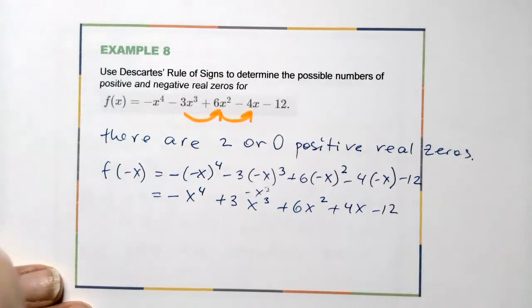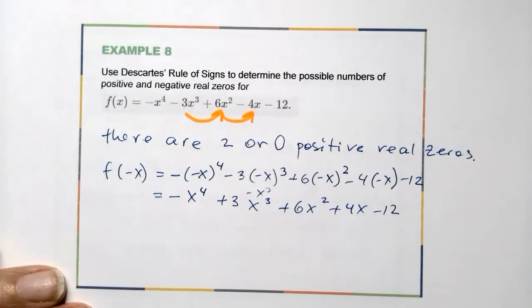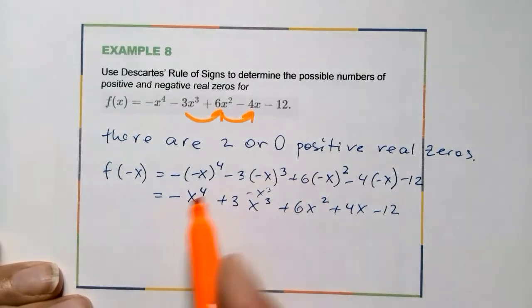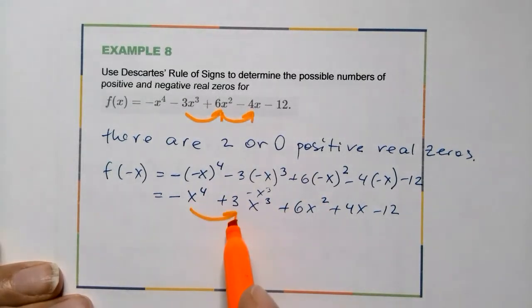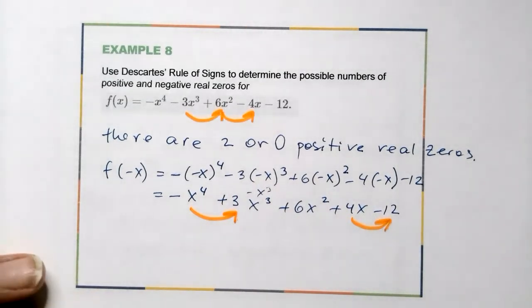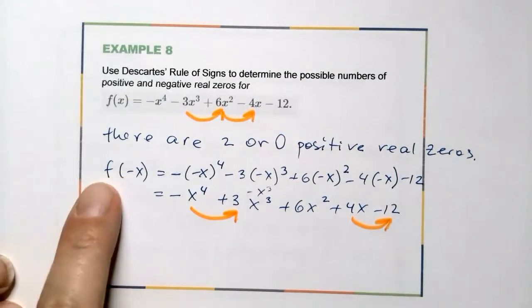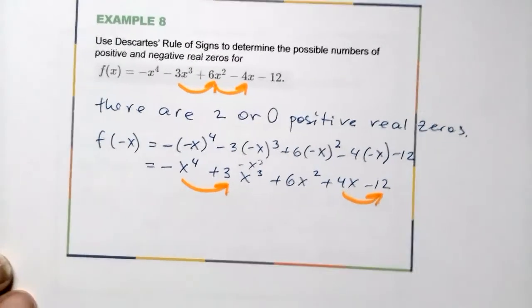So how many sign changes do we have here? From negative to positive here, positive, positive, from positive to negative there. So we have 2 sign changes in f of negative x.